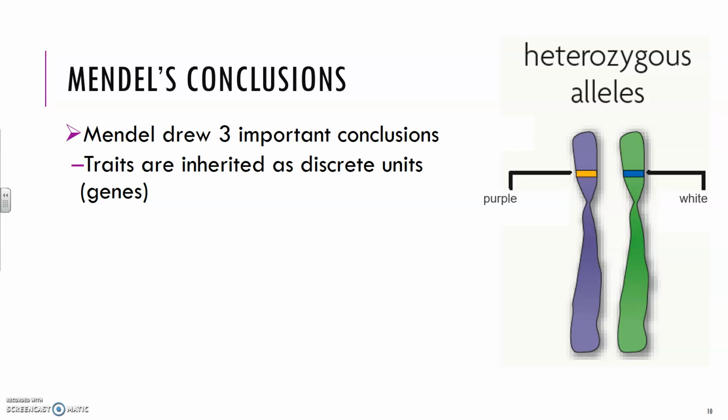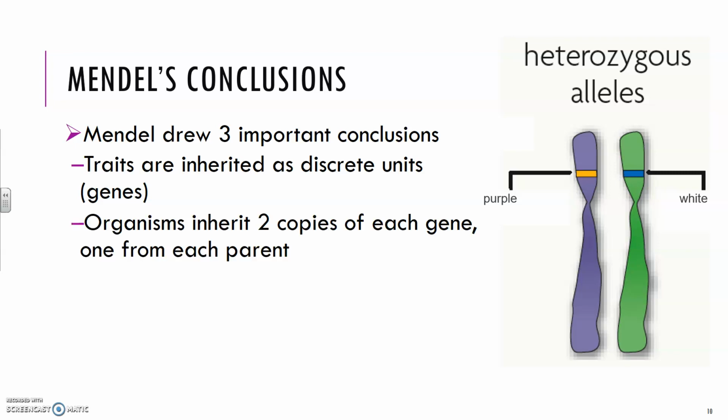So for example, here we have the gene for flower color, and this chromosome right here has the allele for purple flowers, while this chromosome right here has the allele for white flowers. So the gene is for flower color, and the allele is the different variations of that gene.